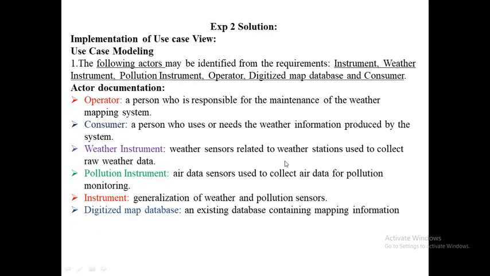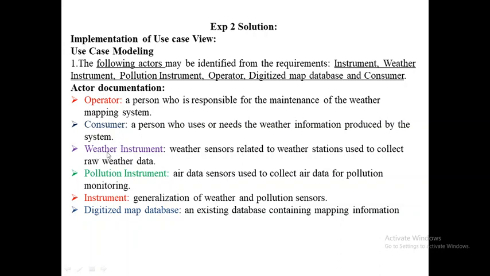Solution for this weather mapping system use case. First you need to identify the actors involved. First actor, operator. Operator means a person who is responsible for the maintenance of the weather mapping system. Next one is consumer, the final user, a person who uses the weather information produced by the system.